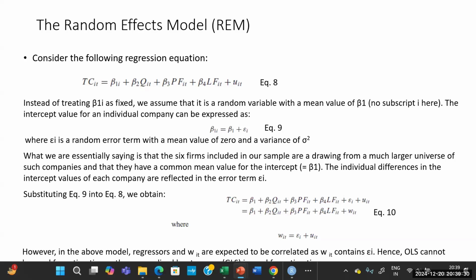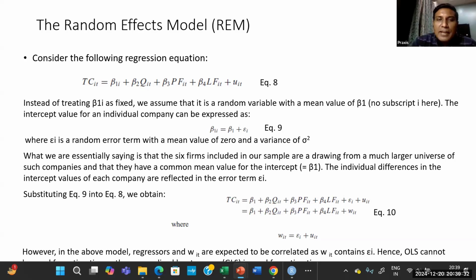So that's what I meant. Now you see, when you say this epsilon I is a random variable, then what you can do is add this random variable with its brother. Who is its brother? UIT, because this UIT is also assumed to be random, right?